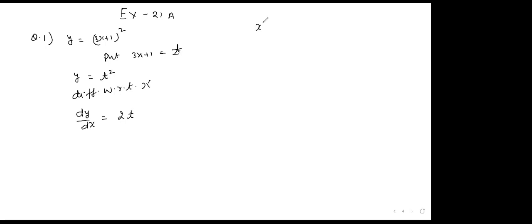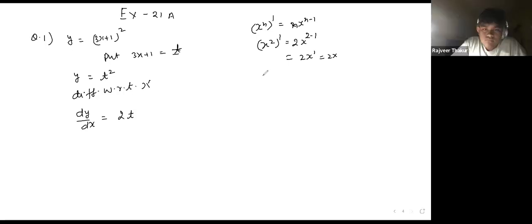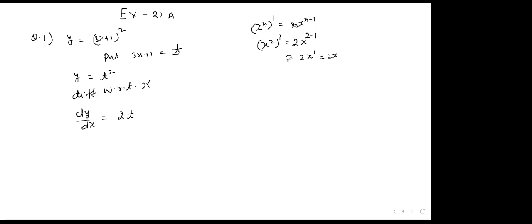Derivative of x to the power n is n x to the power n minus 1. So derivative of x square: in place of n, it is 2. So 2 x to the power 2 minus 1, that becomes 2x to the power 1, that is 2x. Whatever power we have, we take the power first, like the power of x square is 2, so we took 2 first.